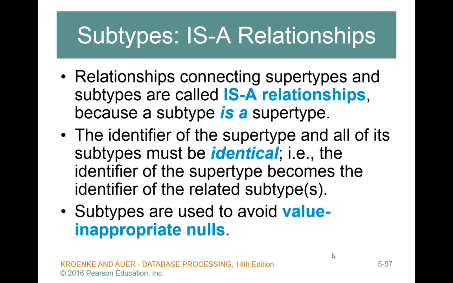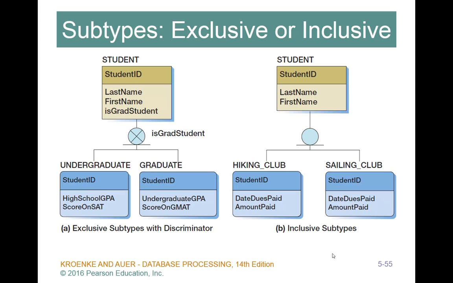When we have subtypes, those are considered ISA relationships. ISA relationships means that a subtype is a supertype, and we understand the concept of inheritance. If we go back to our example here, notice the identifiers of the supertype are always the identical identifiers in our subtypes.